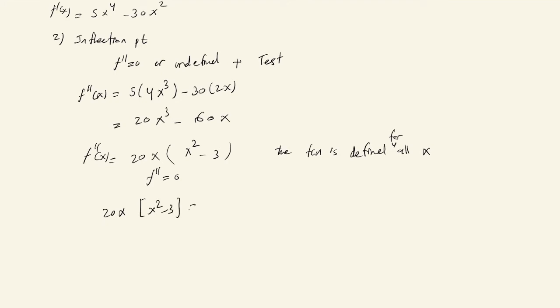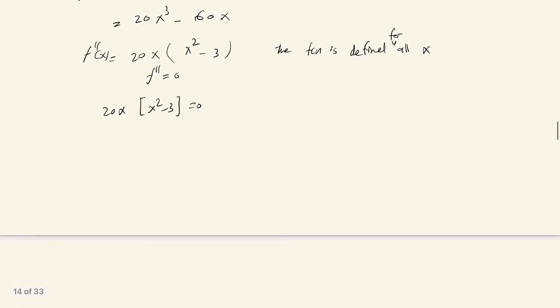First, we take the first term, 20x, it's equal to 0, and then we take x squared minus 3 equal to 0, and then I'm going to move 3 to the other side. I'm going to take the square root, it's going to be x equals plus and minus square root of 3. So now we have 3 possible inflection points: x equal to 0, and x equal to plus and minus square root of 3.